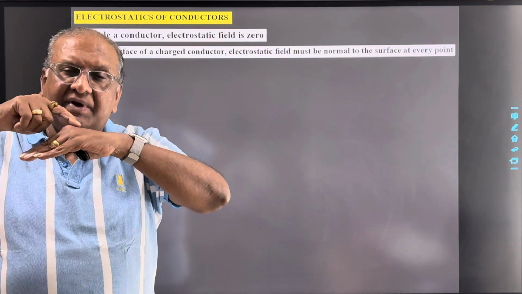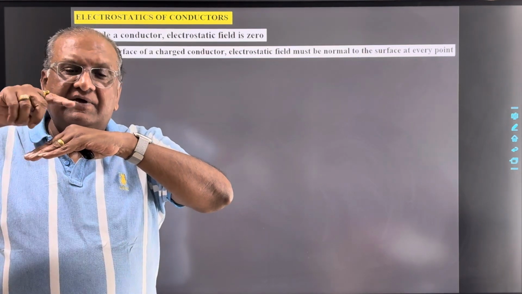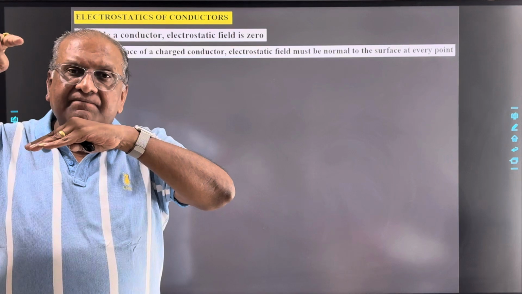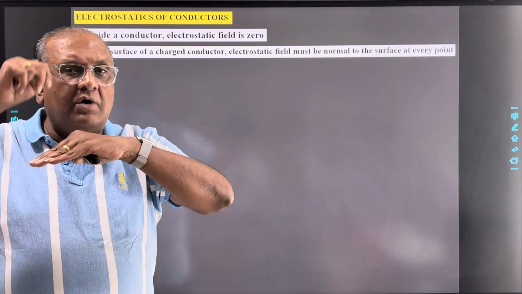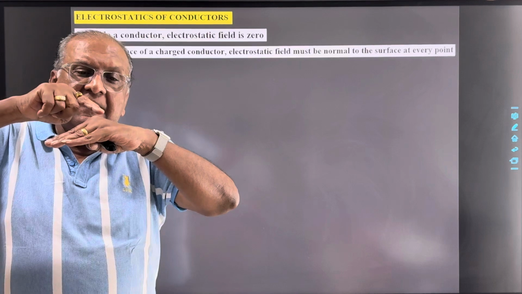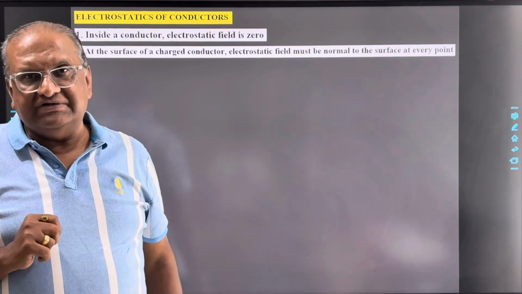Then what happens? If the electrostatic field is at some other angle, then you will get two components: one perpendicular to the surface, another parallel to the surface.